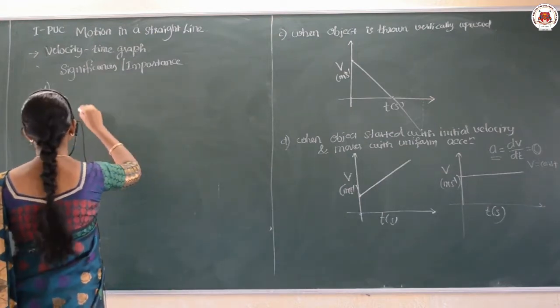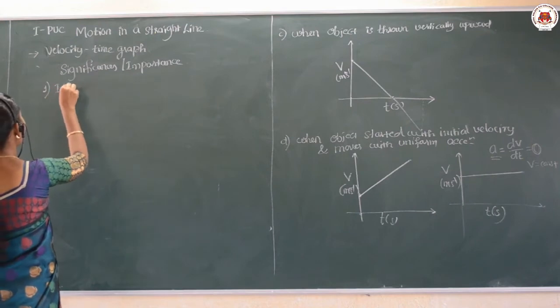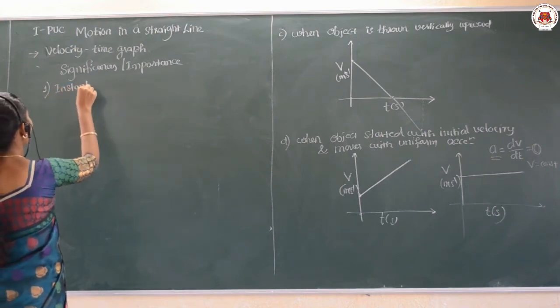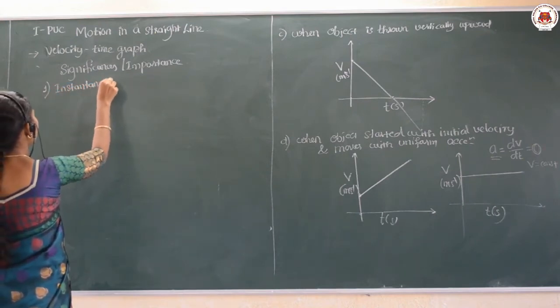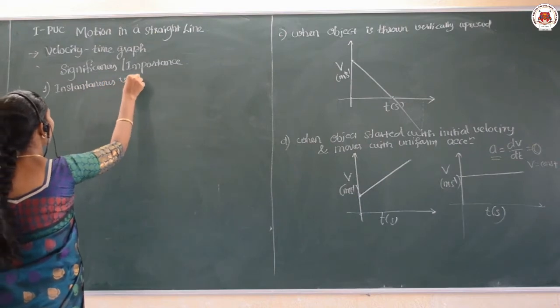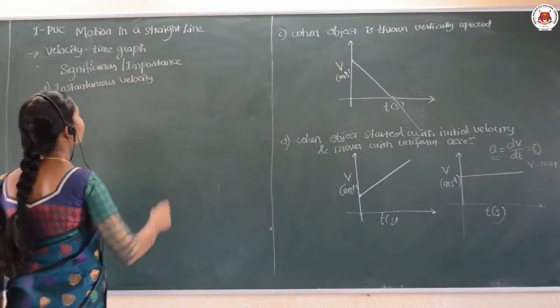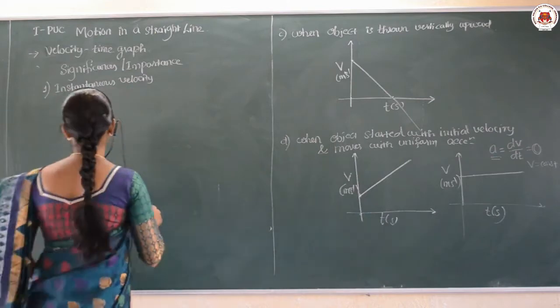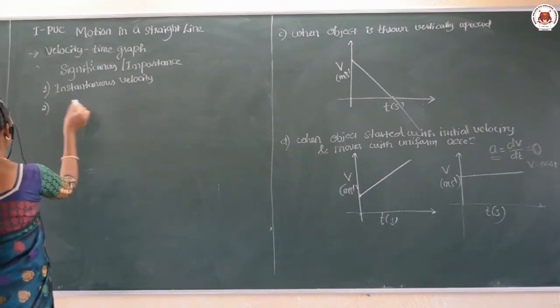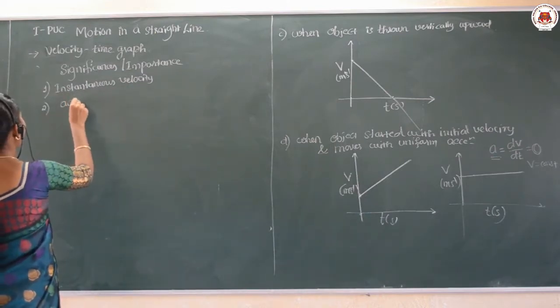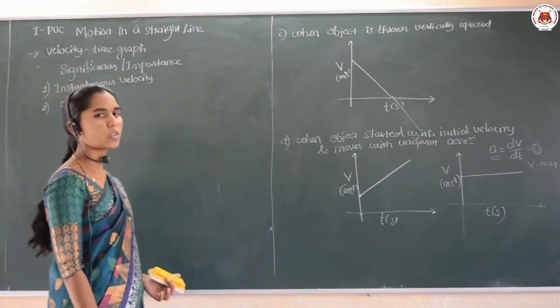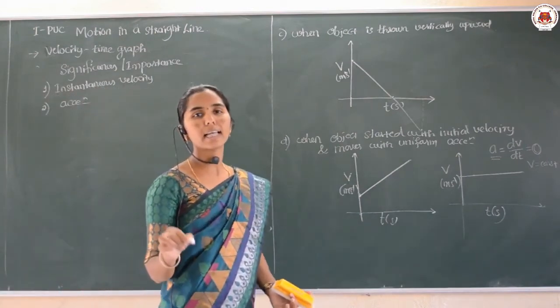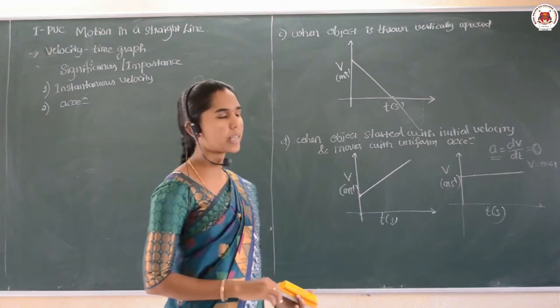The first one is instantaneous velocity. Here also the instantaneous velocity of an object can be obtained, right. And next we can obtain the quantity called acceleration. It is used to obtain acceleration of an object, isn't it?